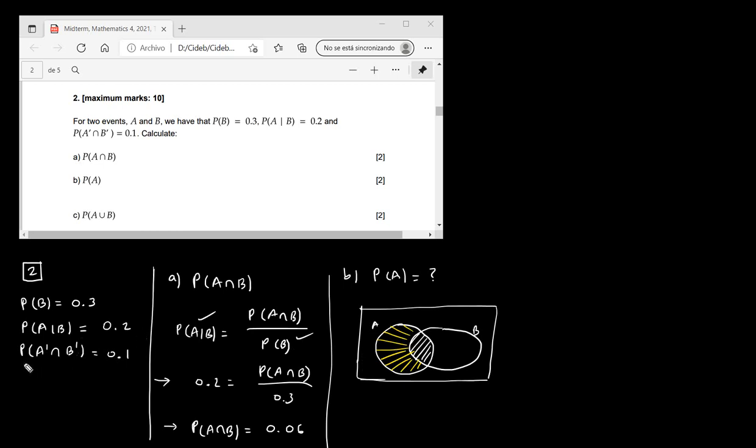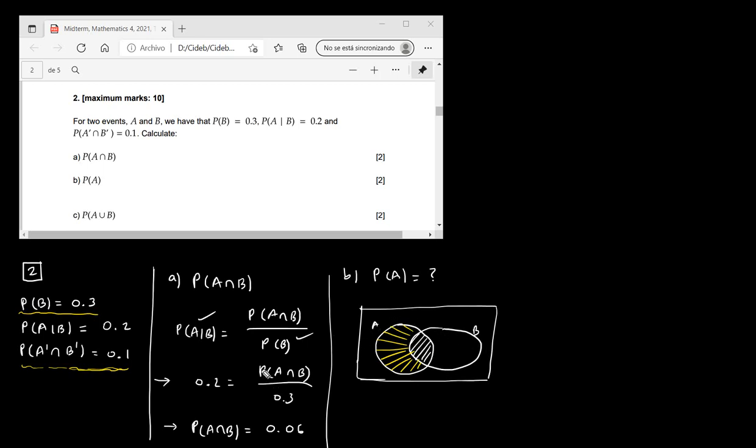I have this. Look, take a look at this. I have the probability of A prime given B prime, and I have also the probability of B, which is all of this. Not just this, but the area of all of this.